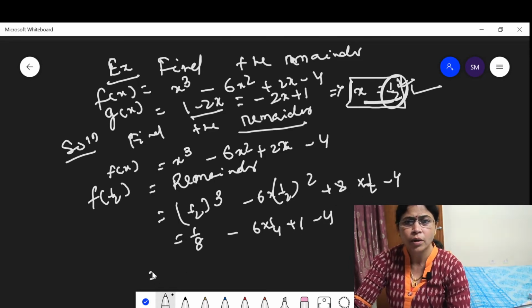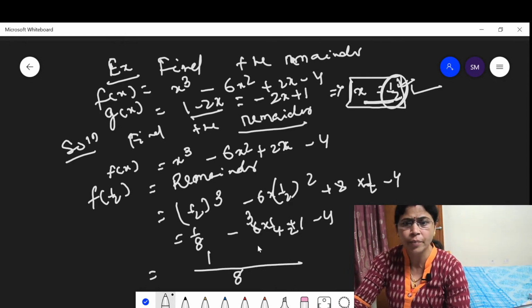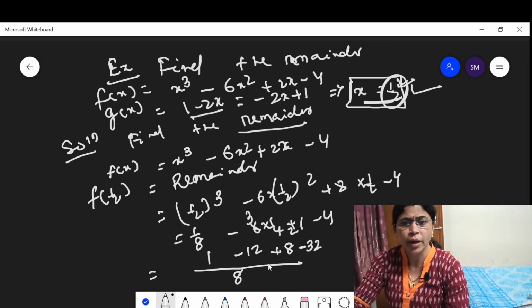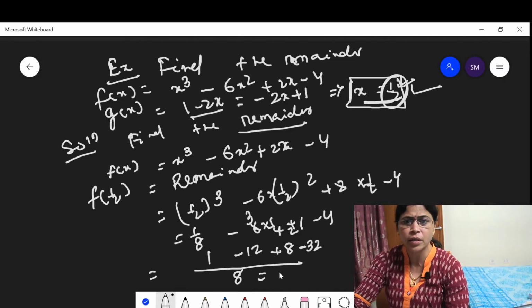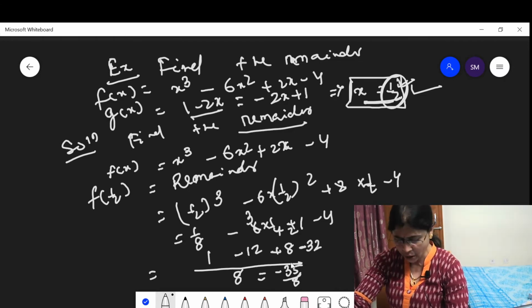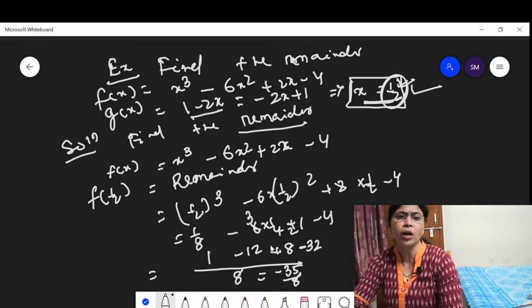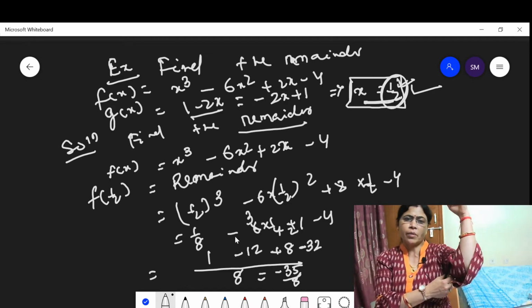Here 8 is the LCM: 1 minus 12 plus 8 minus 32. By solving this we get minus 35 upon 8. This is the remainder of the given polynomial.